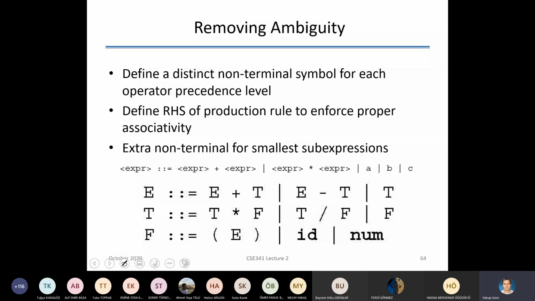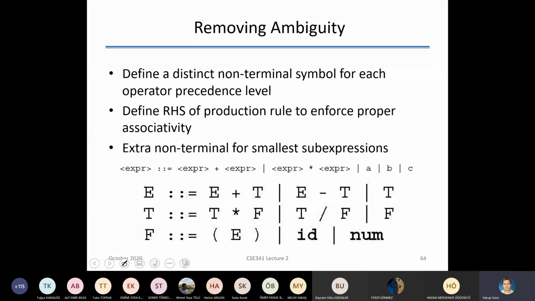The alternative is that on the right-hand side of the production rule, you can try to enforce the proper associativity. So for example, you could introduce into your language or into your grammar helpers that enforce these associativities, like parentheses.